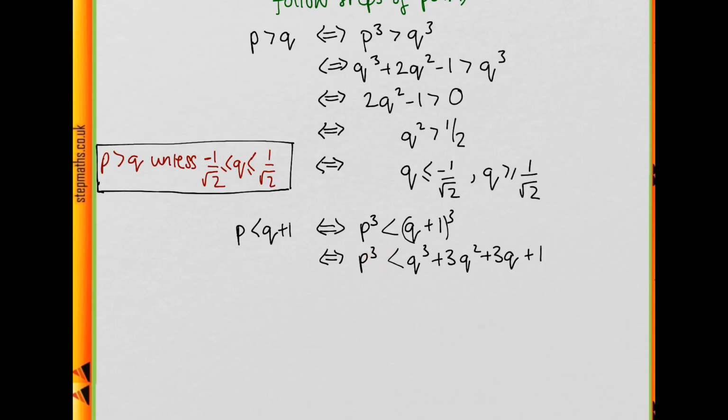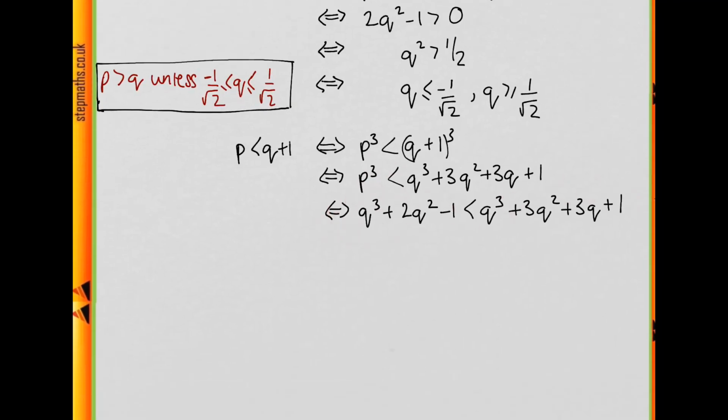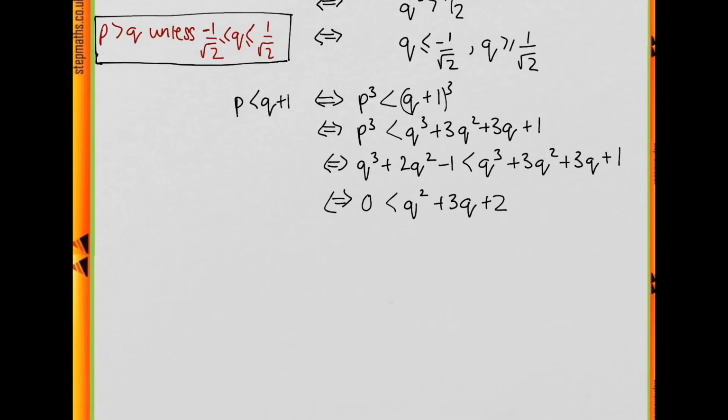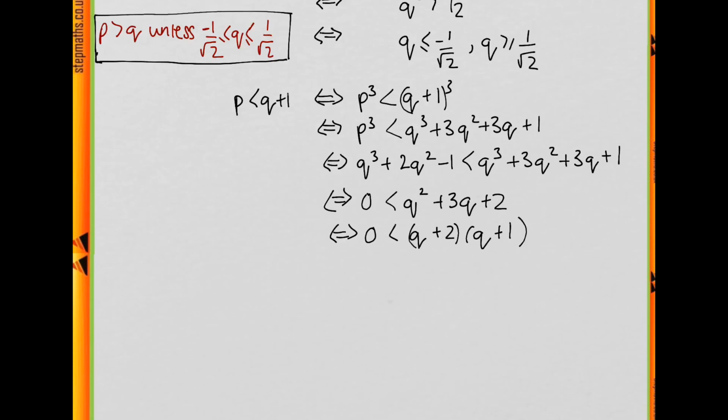We know what p cubed is in terms of q, so writing that out and cancelling, we get q squared plus 3q plus 2 must be greater than 0. Factorizing, (q plus 2)(q plus 1) must be greater than 0. If we draw the graph of this quadratic, we can see the range in which the right-hand side is greater than 0. It is when q is greater than minus 1 or less than minus 2.